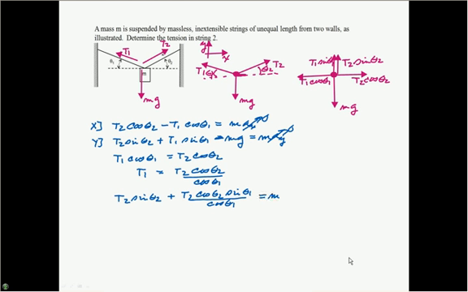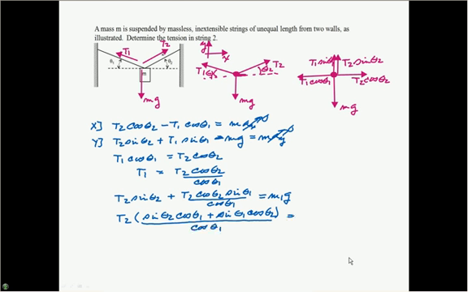Let's factor out a T2 and simplify the left-hand side. And I get T2 times sine theta 2 cosine theta 1 plus sine theta 1 cosine theta 2, divided by cosine theta 1, equals m1g.